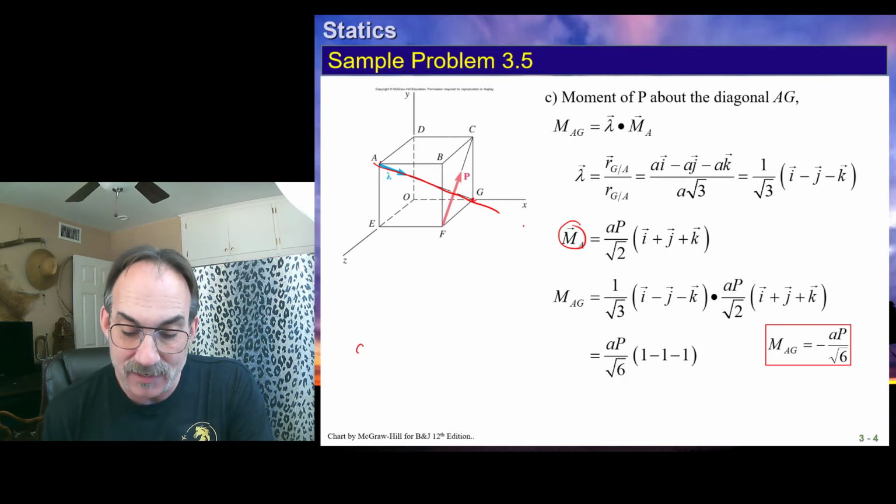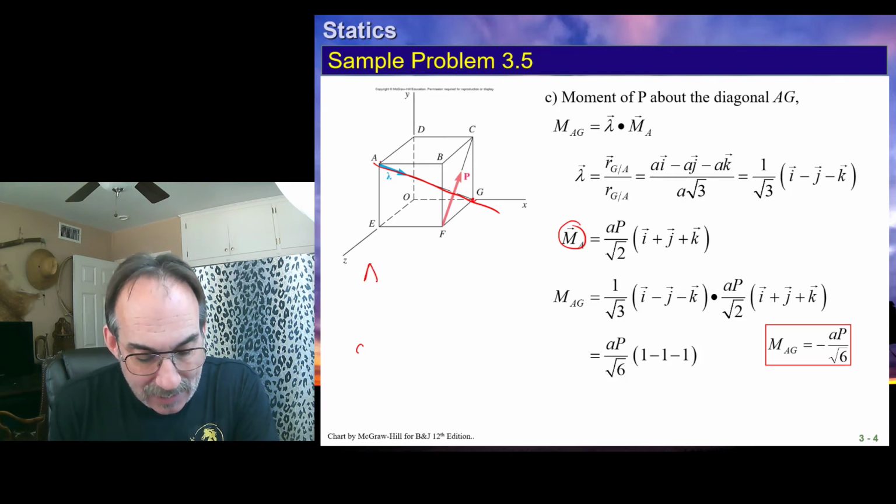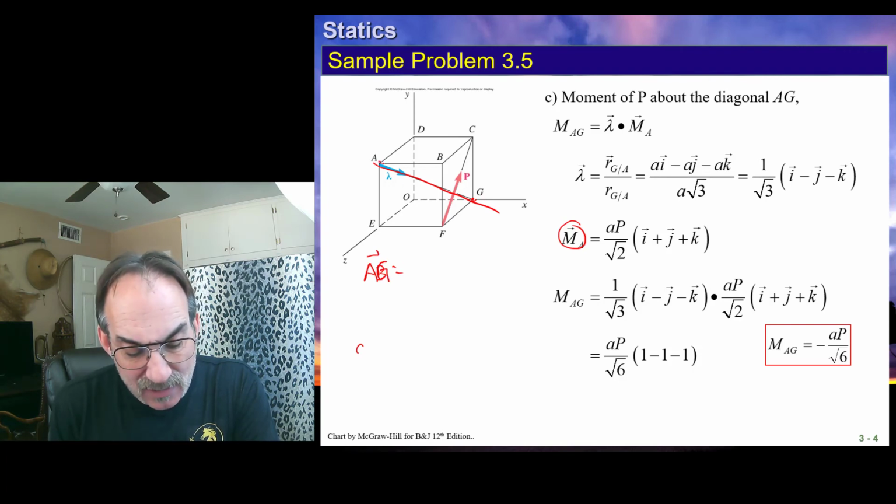Then, since we want the component along that diagonal, we'll need to calculate the unit vector in the direction of AG. In order to do that, we're going to take AG, which is simply moving from A to G. We go A in the I, then negative A in the J, and then minus A in the K, right?